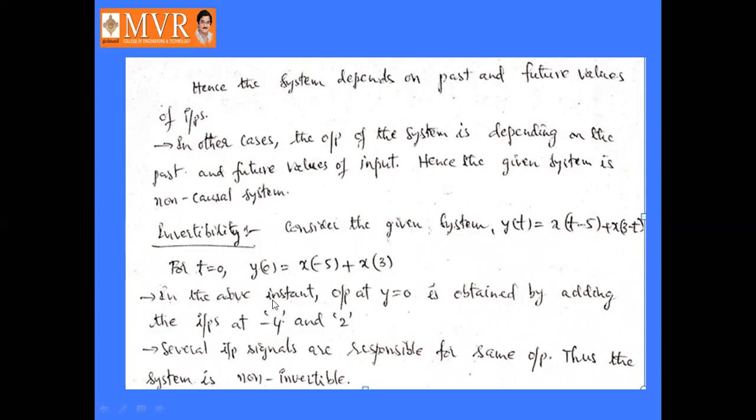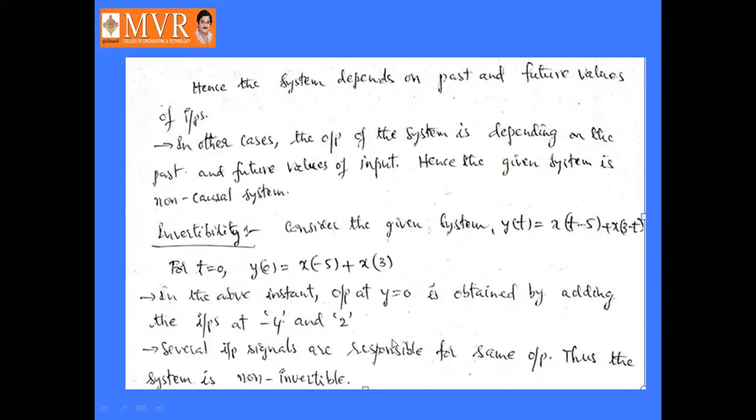In the above instant, the output at t equal to 0 is obtained by adding the inputs at minus 5 and 3.